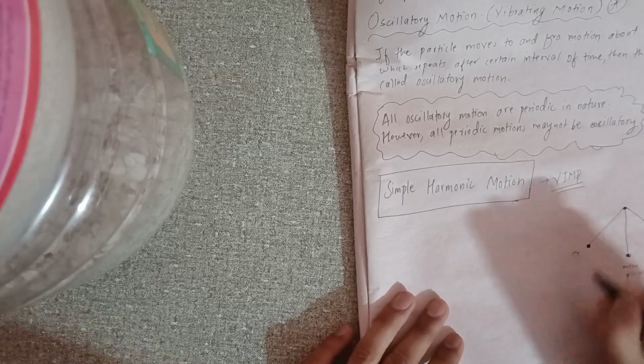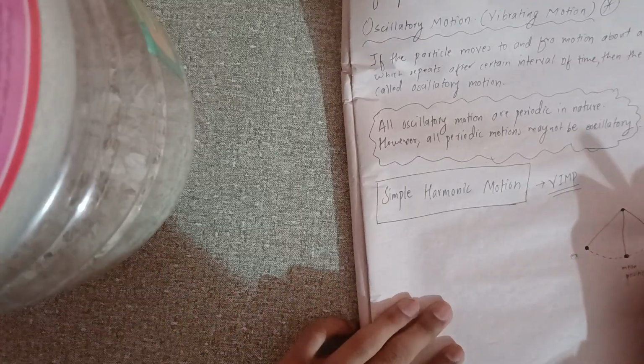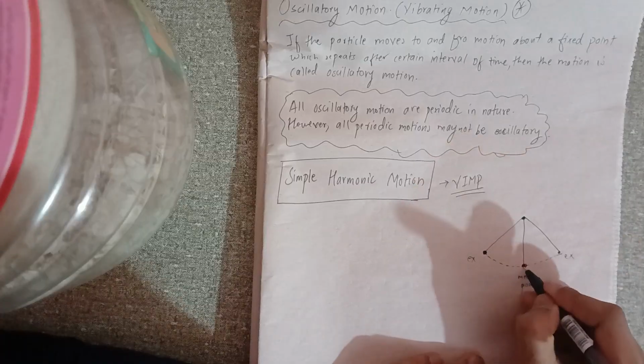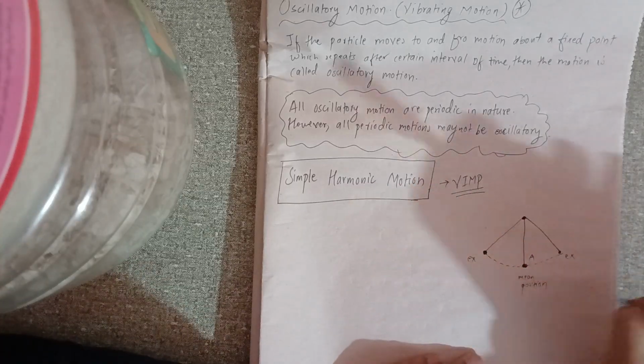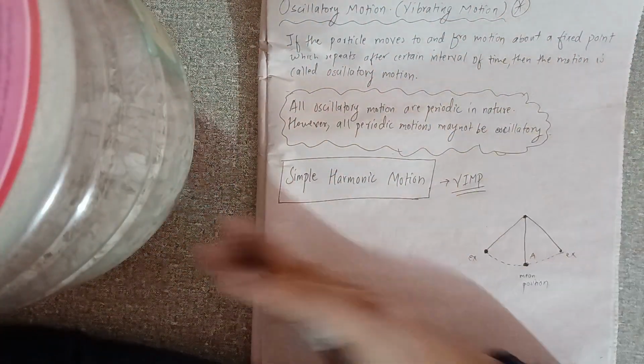In oscillatory motion the particle goes through this in a periodic manner, to and fro. It goes here and comes back, goes here, comes back.